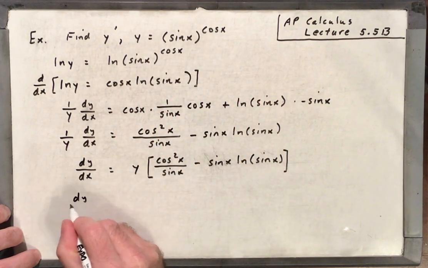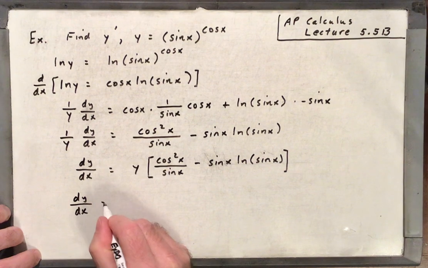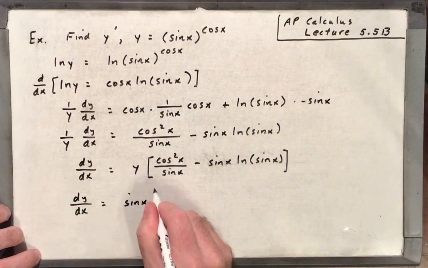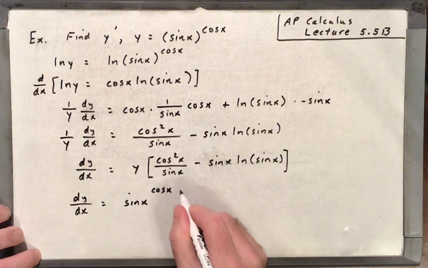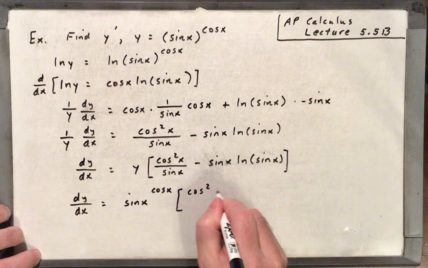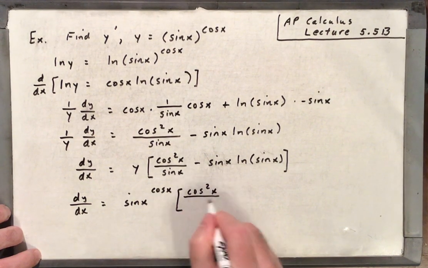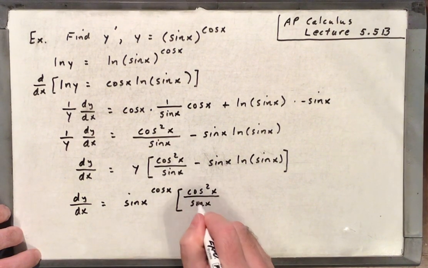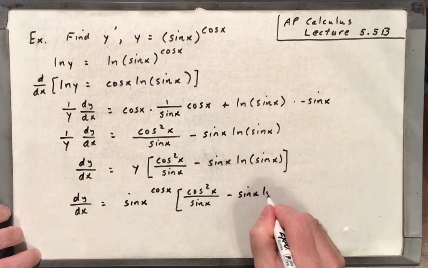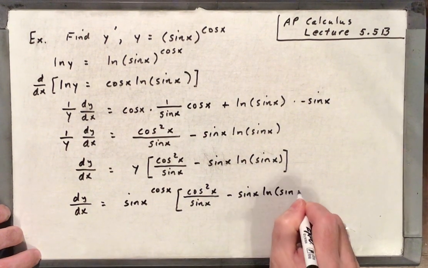So dy dx is equal to sine x to the cosine x times all this, cosine squared x over sine x minus sine x natural log of sine x.